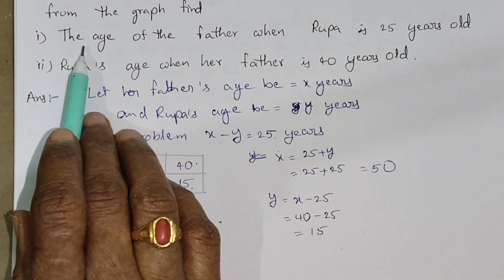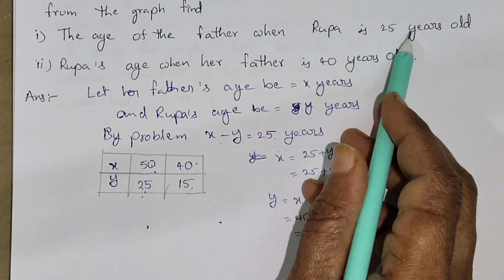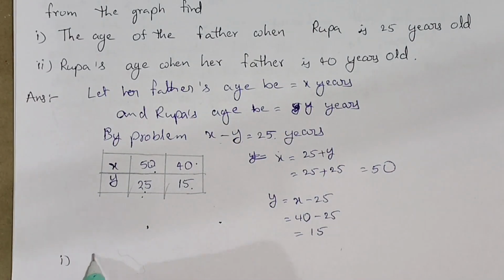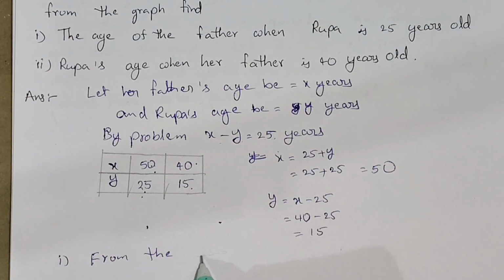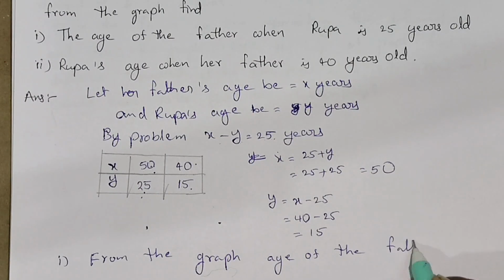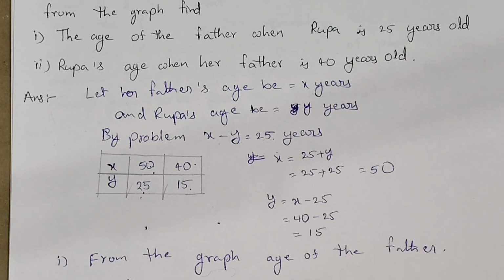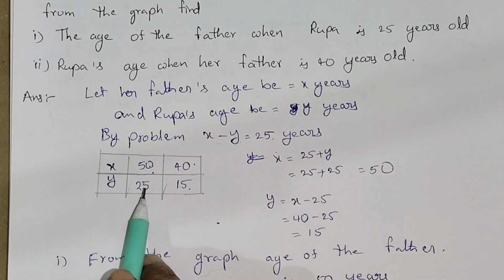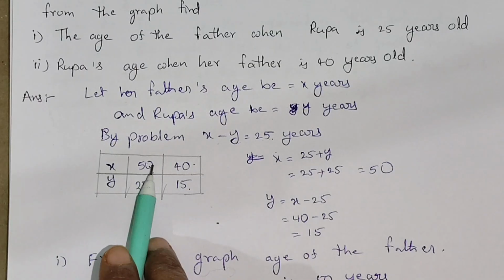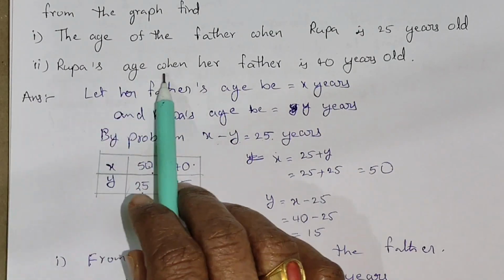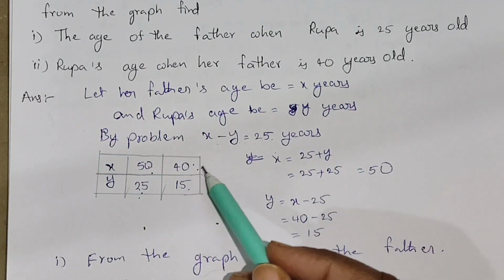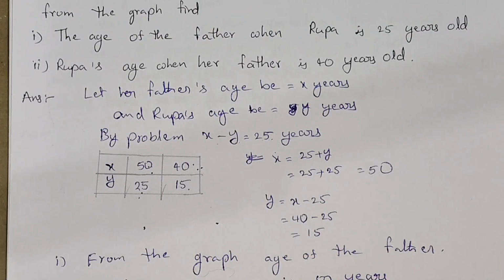Next, we write the answers from the graph. The age of her father when Rupa is 25 years old is 50 years.